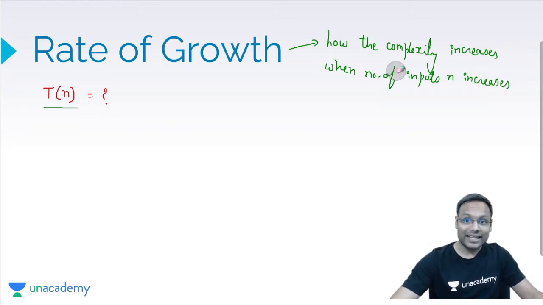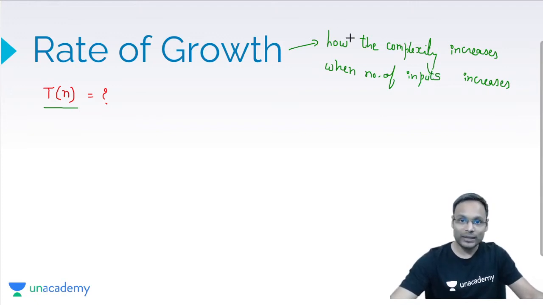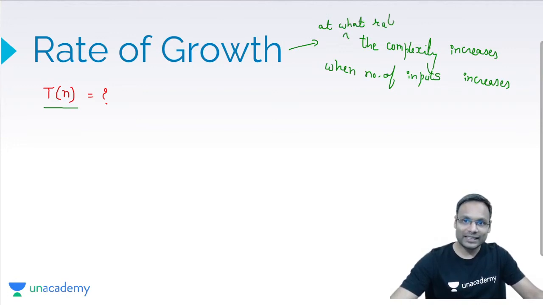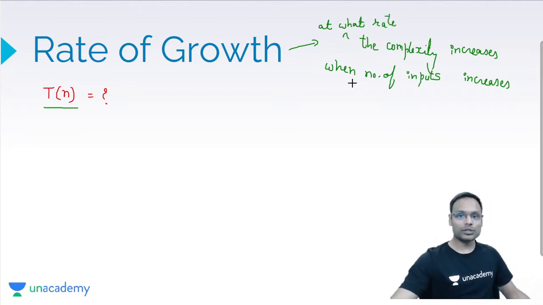With what rate exactly does the runtime complexity increase? How, meaning at what rate? I should say in a more precise manner, at what rate the complexity increases when the number of inputs increases.